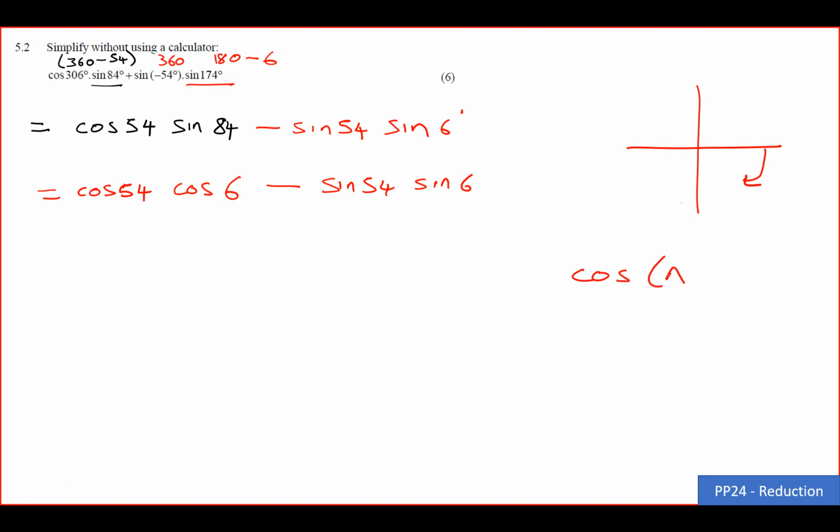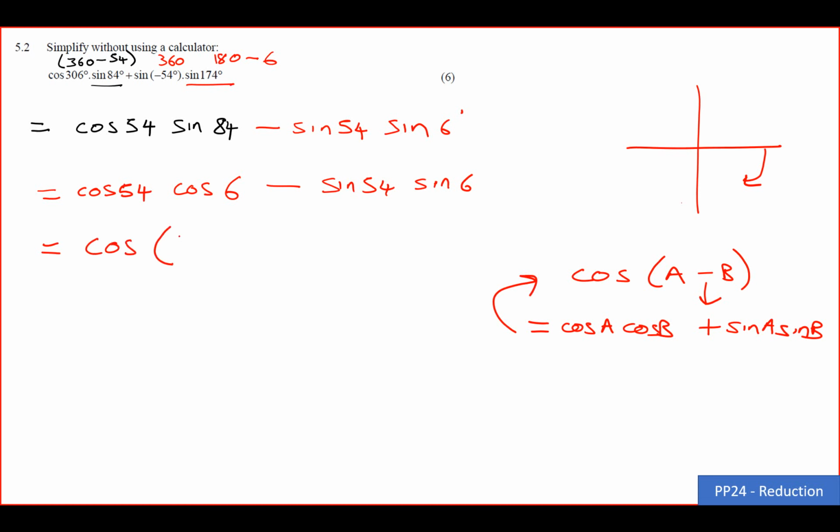Just to jog your memory a little bit, using compound angles, if we have cos of a minus b, you'll have cos a cos b, and then the minus changes to plus, sine a sine b. And if we go backwards, that's what we're going to do. It will be cos of a minus b, which is 54 minus 6.